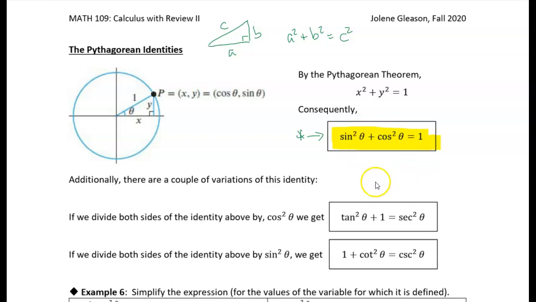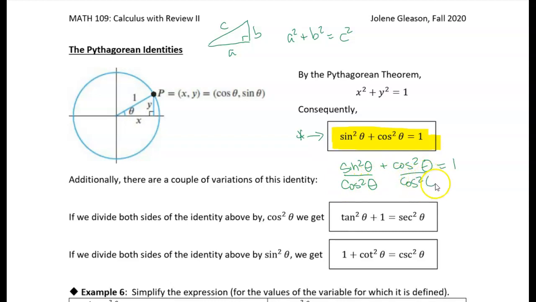So, for example, if I take sine squared theta plus cosine squared theta equals 1, and I divide both sides by cosine squared of theta, okay, that means that I'm going to divide everything on both sides by cosine squared of theta, right?